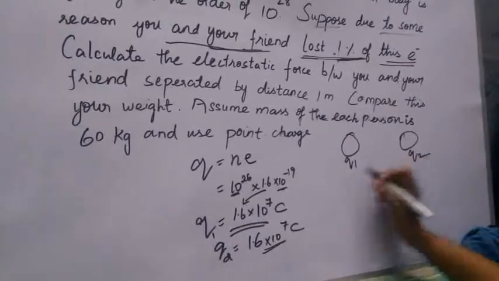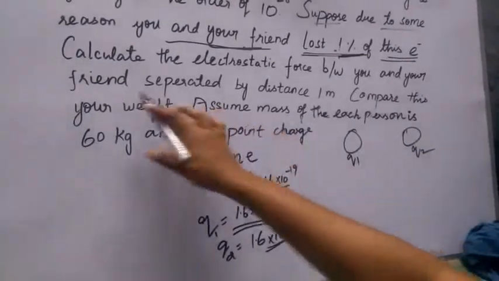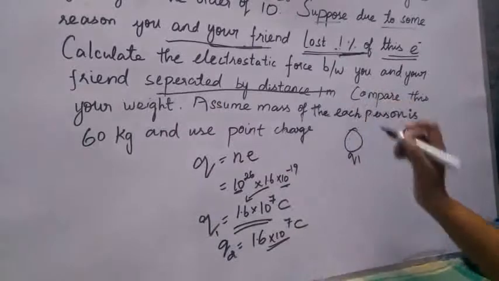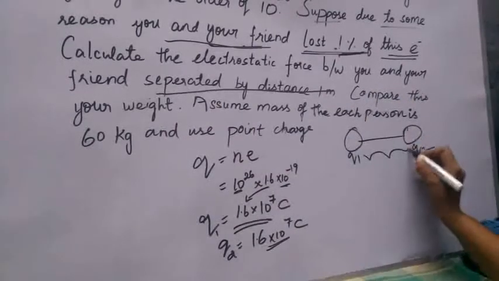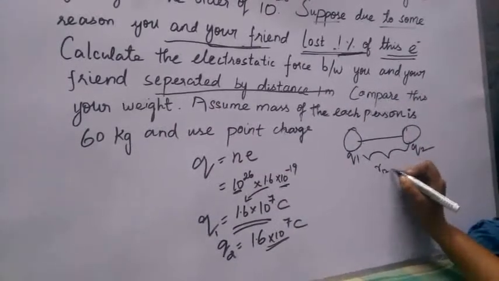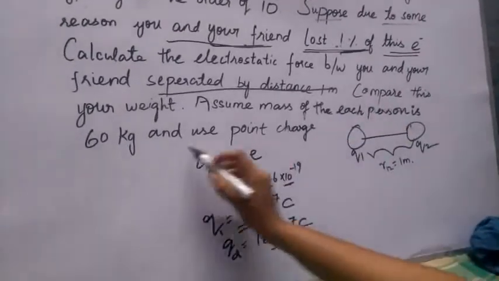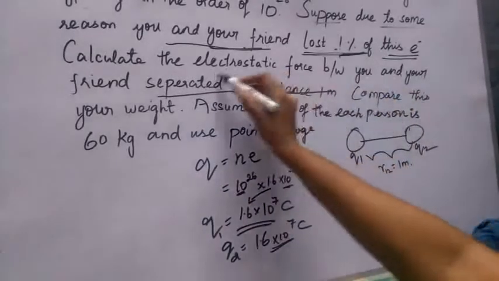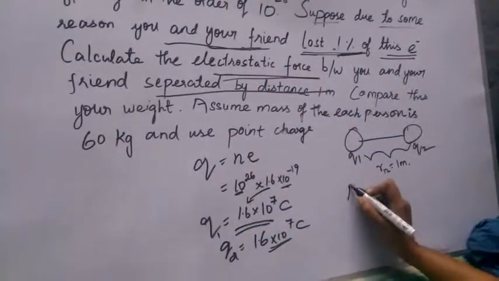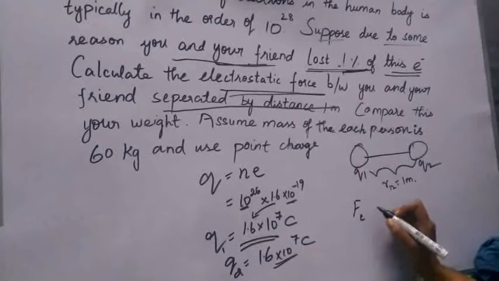The charges on the persons are Q1 and Q2. And they've given, they are separated by the distance 1 meter. So the distance between this Q1 and Q2, that is R12, is 1 meter. What you have to find is the electrostatic force, Fe.